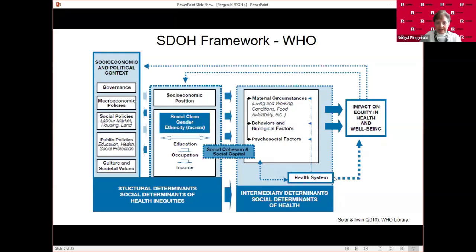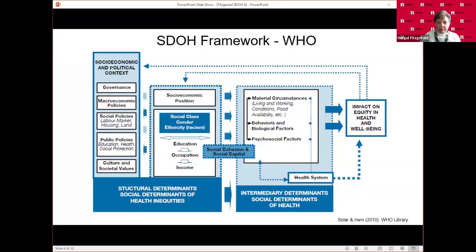It is because they posit that the health system mediates these intermediary conditions leading to the health outcomes. So that's a very important difference between the WHO model and the other models that we are using.